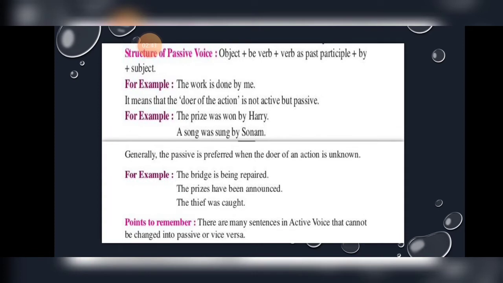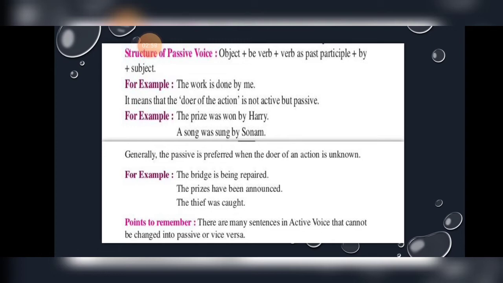Structure of passive voice. Subject will not be in the beginning, but in the passive voice, object will play the role of the subject, while the subject will be passive at the end.